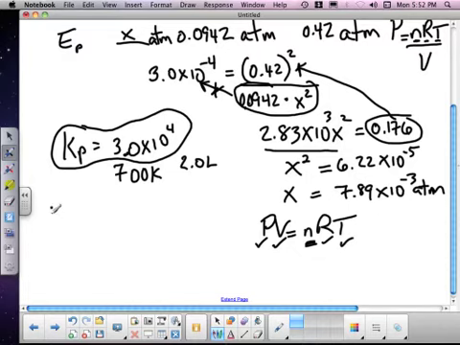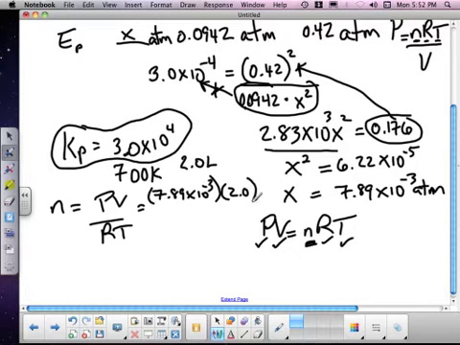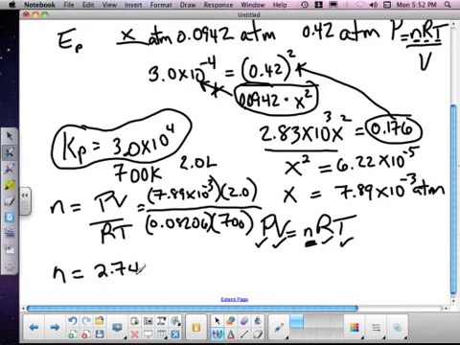Plugging in my pressure, 7.89 times 10 to the minus 3 times my volume, which is 2, divided by my R times my temperature, 700. The number of moles I get is 0.74 times 10 to the minus 4 moles, and then converting that to grams, SO2 weighs 64 grams per mole, and I end up with 1.76 times 10 to the minus 2 grams.